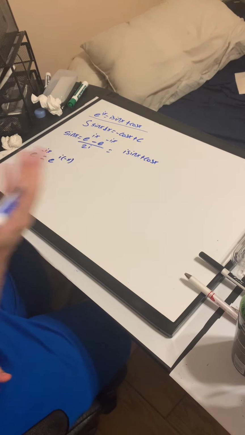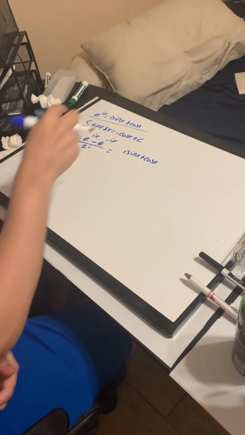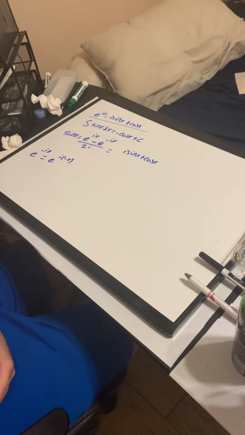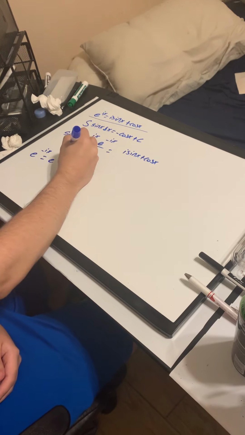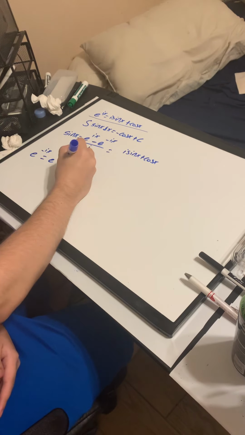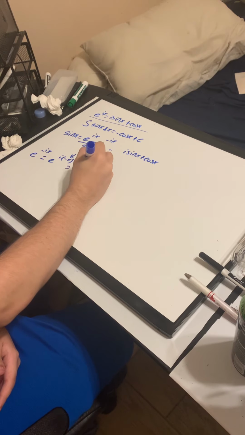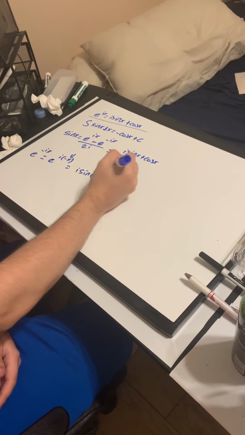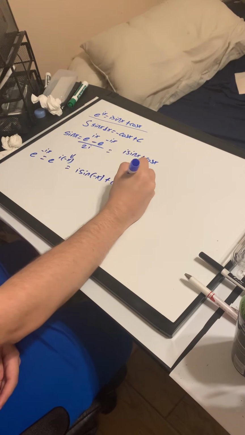The reason for that is because we want to make sure our argument on the inside of our trigonometric functions takes in that negative, right? So if it takes in our negative, we're going to get i sine of negative x plus cosine of negative x.